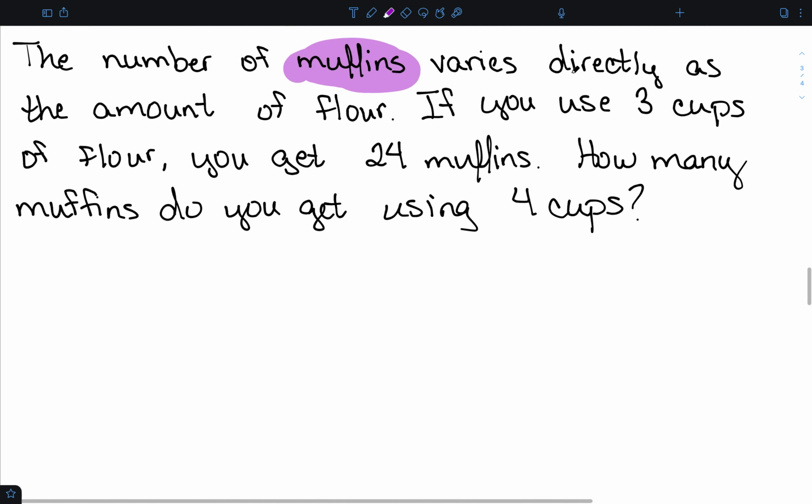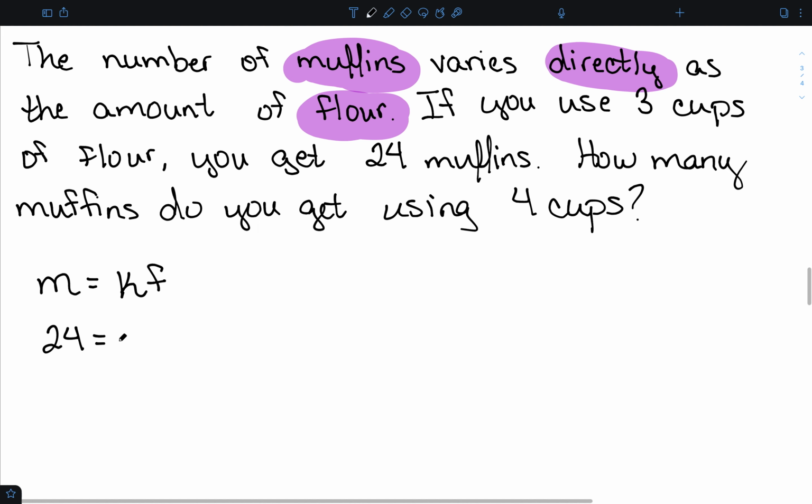So our muffins are going to vary directly as the amount of flour. I'm going to use the letters M and F for the number of muffins and the amount of flour. The fact that they vary directly tells me M is equal to K times F. We know 3 cups of flour gives us 24 muffins, so we know 24 is equal to K times 3.